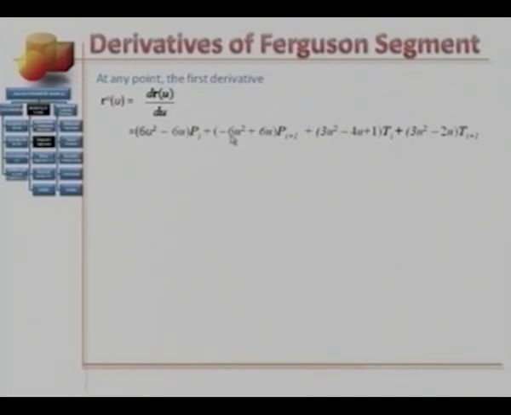These are straightforward results that we get by differentiating the Hermite functions with respect to u.